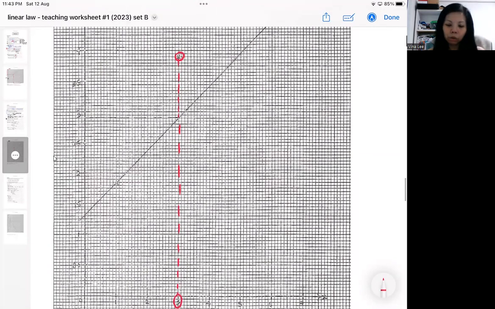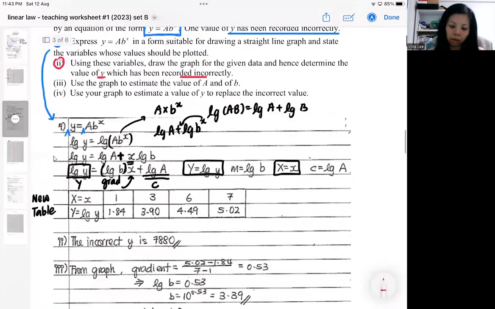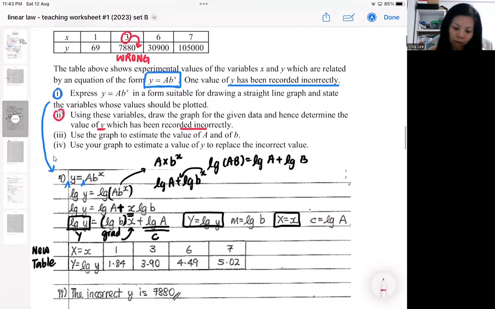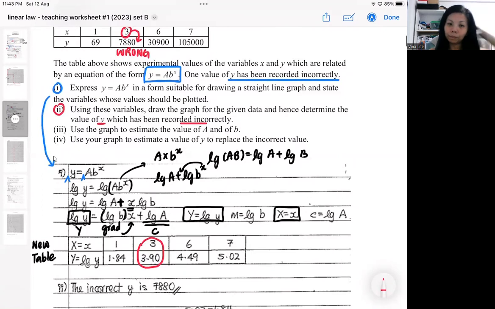So you go back to your original table. This value is wrong, and because this value is wrong, that's why this point turns out to be wrong. So the wrong value is actually 7880.